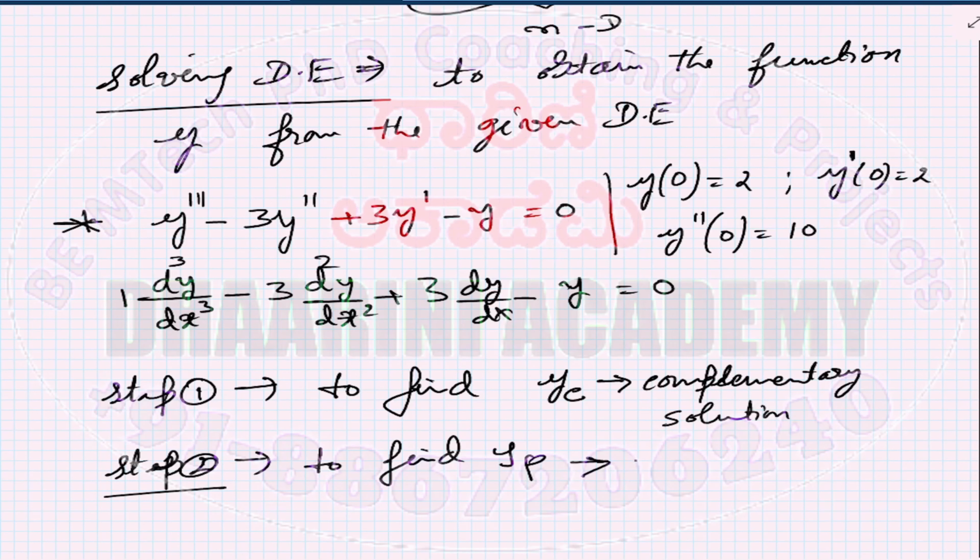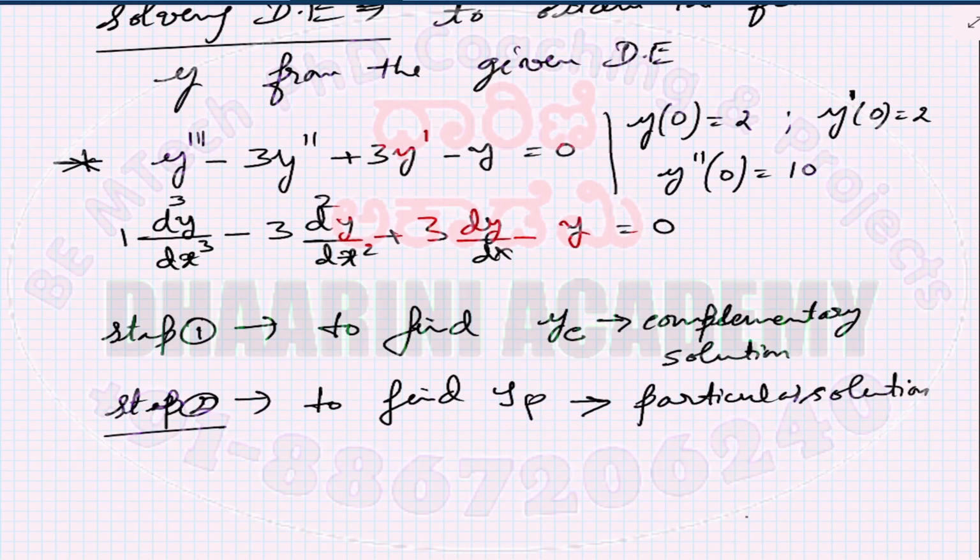Yp is called the particular solution. The particular solution comes by substituting whatever was the f of x in the given equation. You will put it back and you will solve. So these are the 2 basic steps.